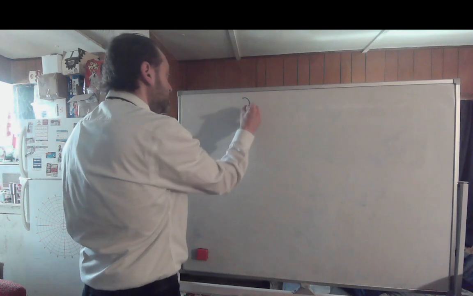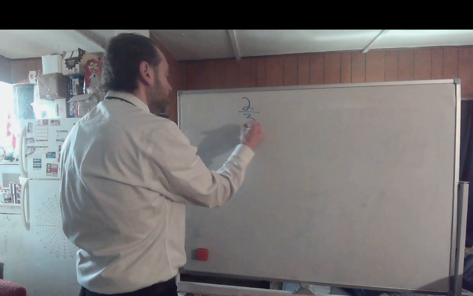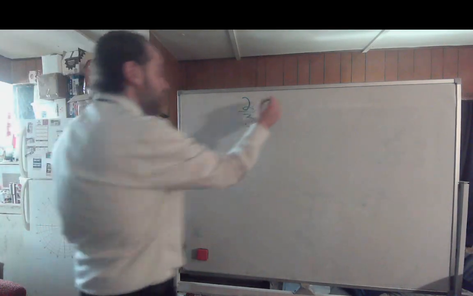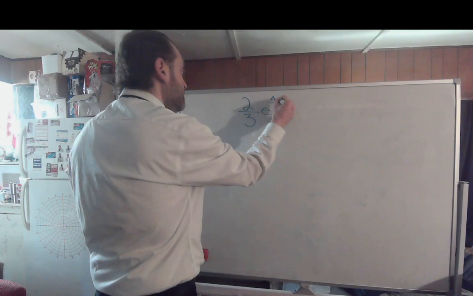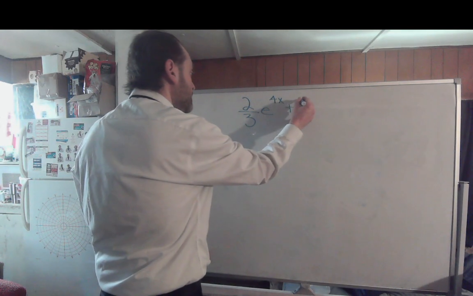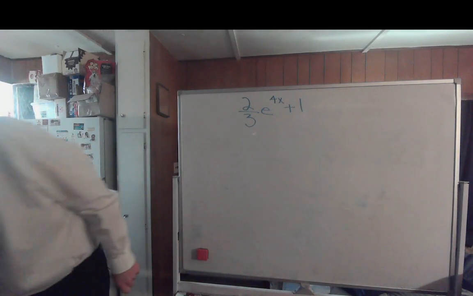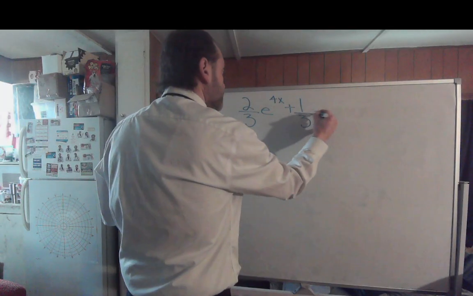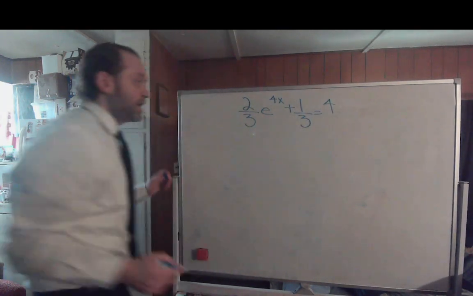All right, 5 more. Let's see, we have 2/3 e to the 4x plus 1/3 equals 4. So we have a bunch of fractions in this too.